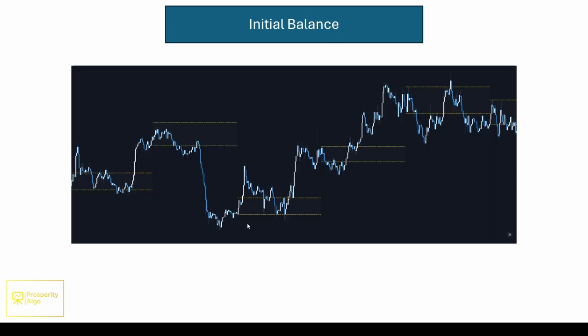And the concept of DR-IDR has been recirculated a lot recently, but I encourage you to also Google initial balance, as it's effectively the exact same concept as the DR, but it has been used in equity markets for a very long period of time.